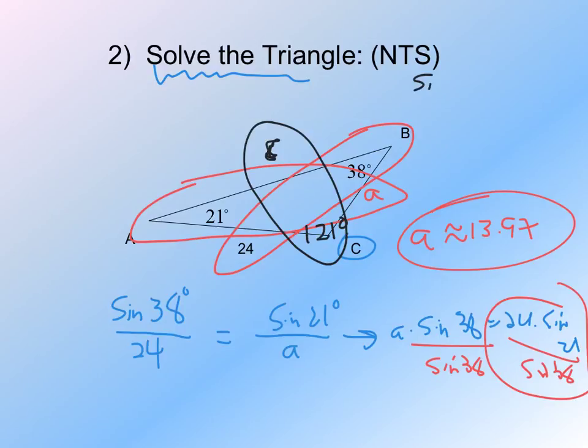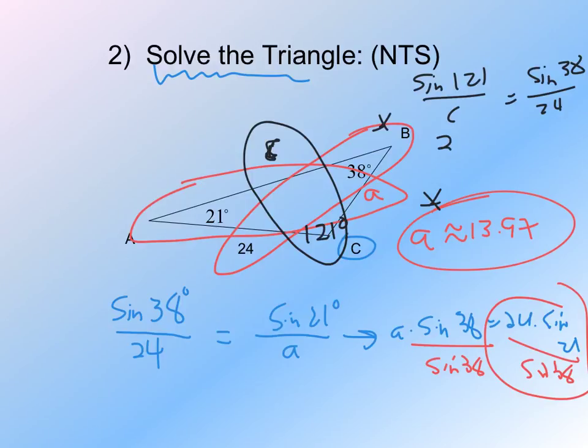So I can write sine of 121 over c equals sine of, which one should we go back to? Let's go back and use b because we had solid concrete whole numbers there. Sine of 38 over 24, rather than using my approximate value of 13.97, even though it was very close.